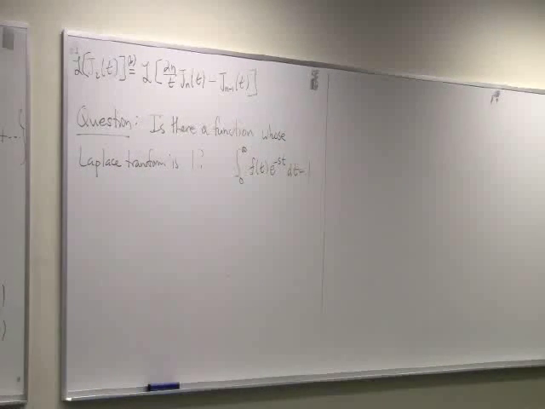Okay, so we're not going to answer this today, but we will start towards an answer. Because the answer is not... well, strictly speaking, the answer is no. There is no function. But there is something called a generalized function that does it. Now, our resident physicist may be the only one who has heard this name before, the Dirac delta function.